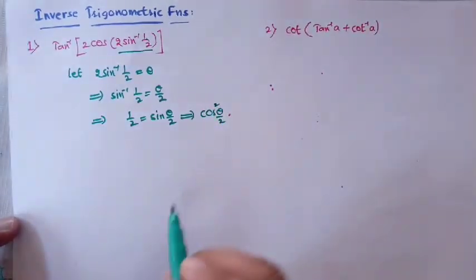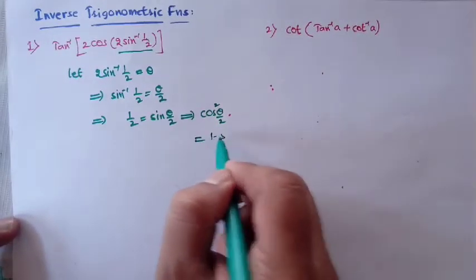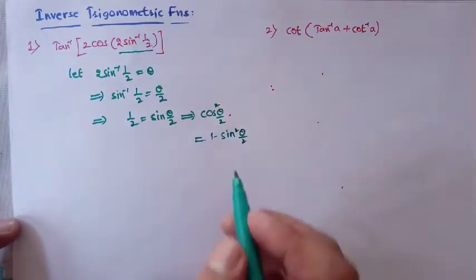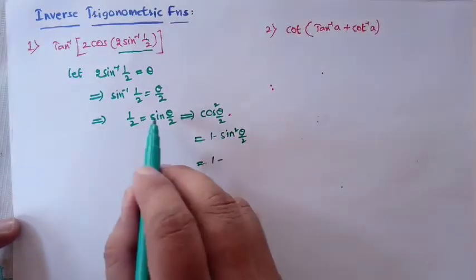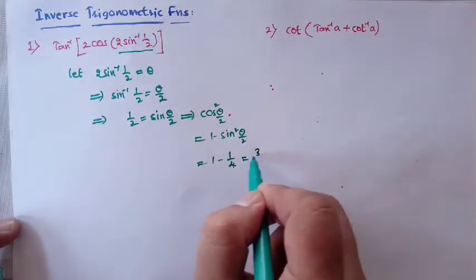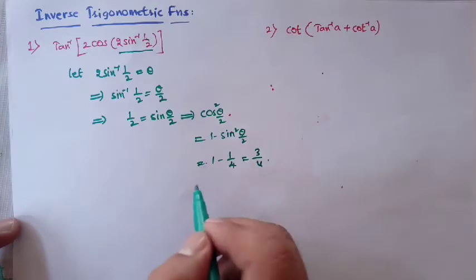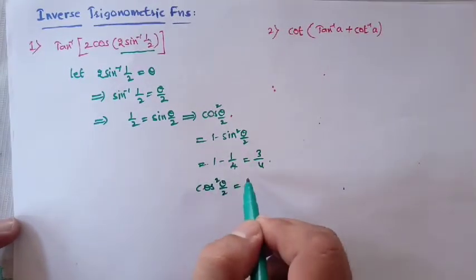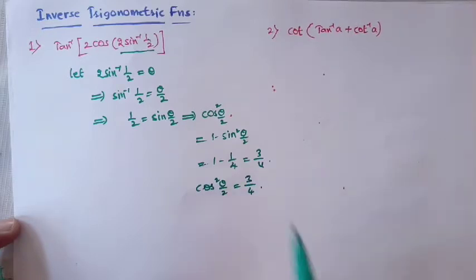So cos square theta by 2 is equal to 1 minus sine square theta by 2. Sine square theta by 2 is nothing but 1 by 2 squared, which is 1 by 4. This value is 3 by 4. Then cos square theta by 2 is equal to 3 by 4.